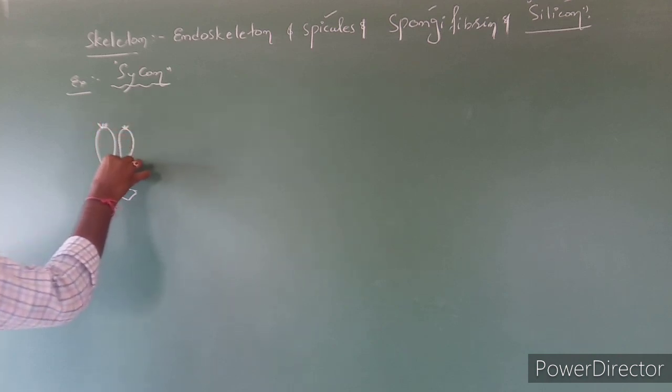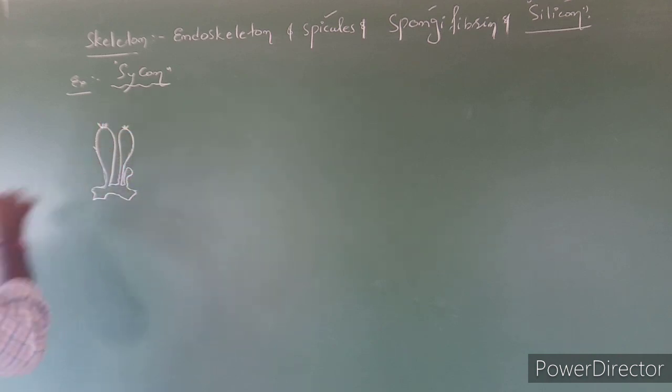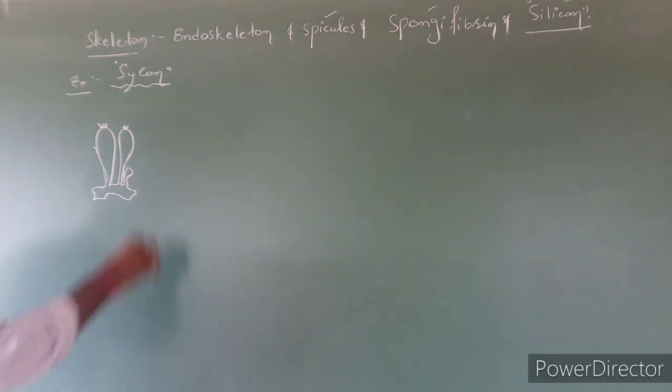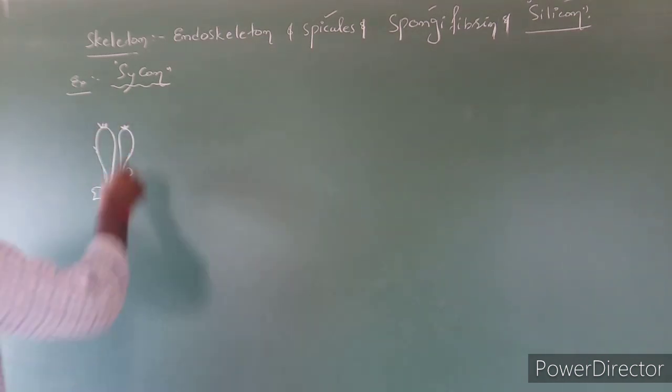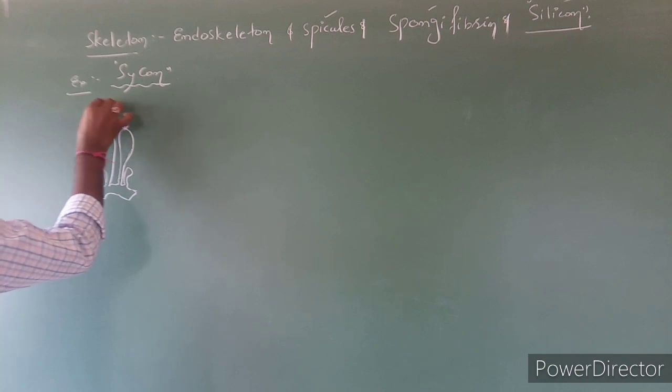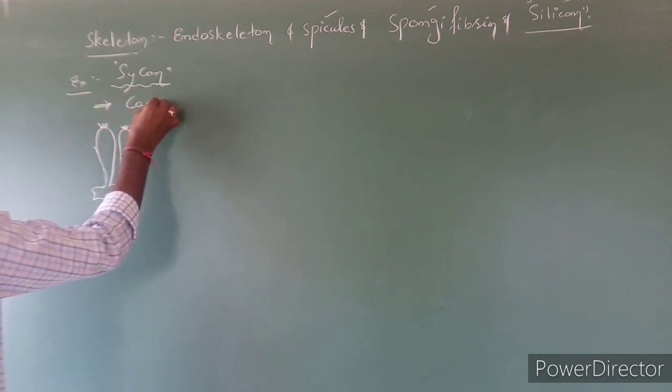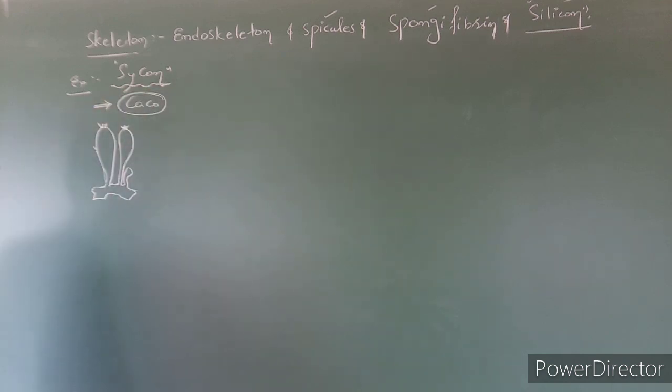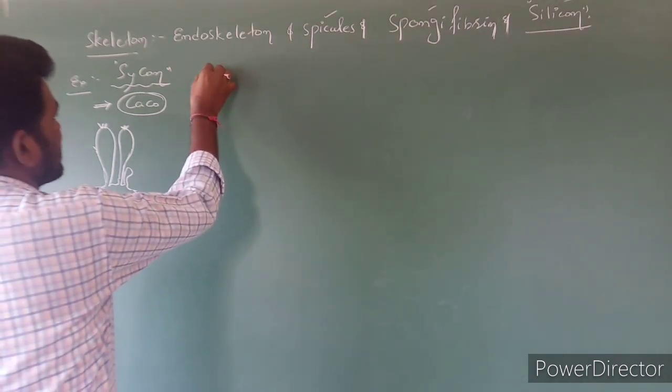This is Sycon. Clear? In Sycon the endoskeleton is made up of calcium carbonate, CaCO3. Clear? One example.